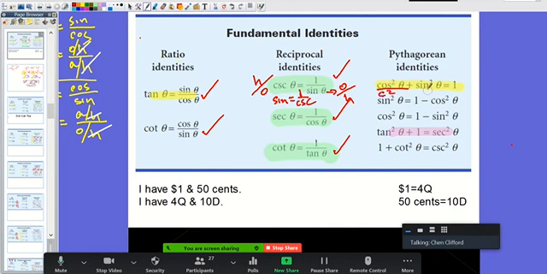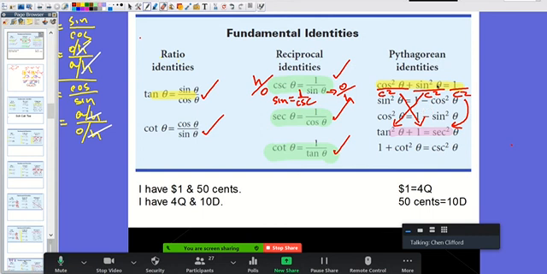So if I divide everything by cosine squared, 1 over cosine squared becomes secant squared. Remember, cosine and secant are reciprocals of each other. Sine squared over cosine squared is tangent squared, and cosine squared over cosine squared is 1. And that's how they got that pink highlight over there.